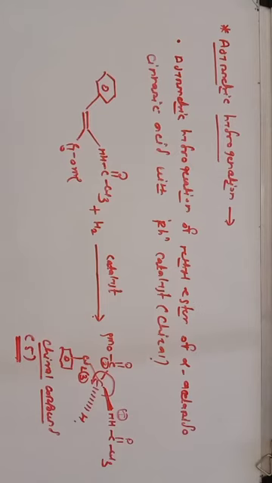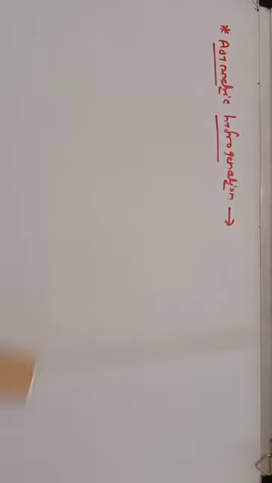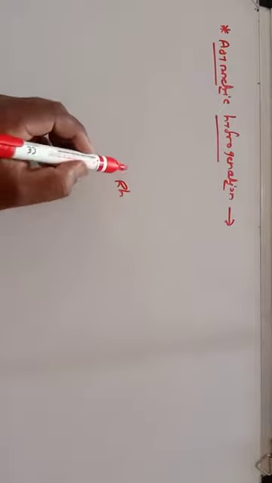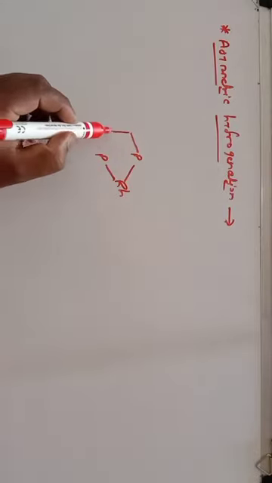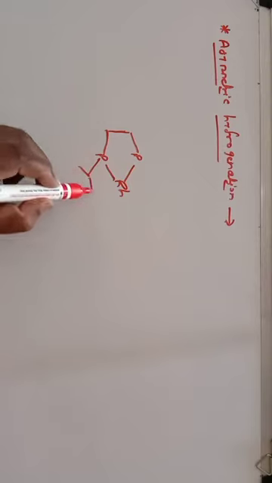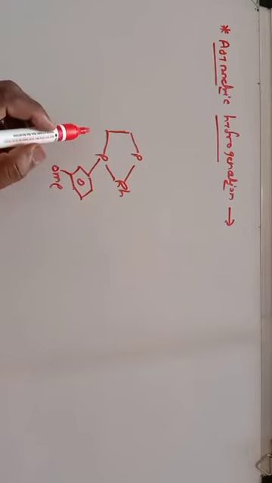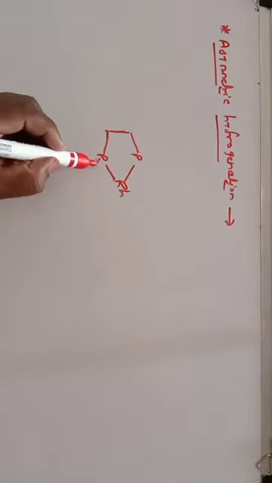So let us discuss the catalyst used for this reaction. The rhodium catalyst is used. Here this is your rhodium, which is attached to the phosphorus of phosphine. Why is this rhodium complex considered a chiral complex?